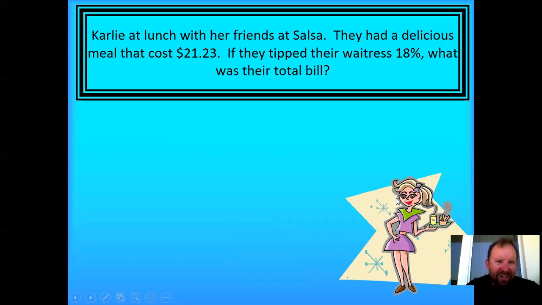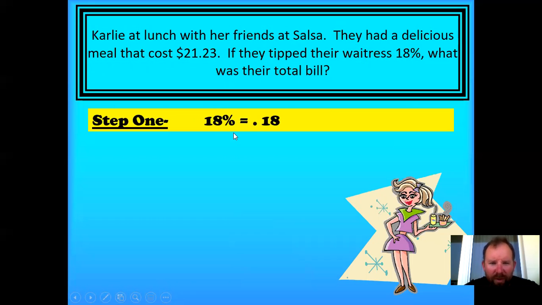All right, Carly was at lunch with her friends at Salsa's. They had a delicious meal that cost $21.23. If they tipped their waitress 18%, what was their total bill? Here we have the meal's cost. What we don't know is the dollar amount for the tip. But we do know that the tip was 18%.